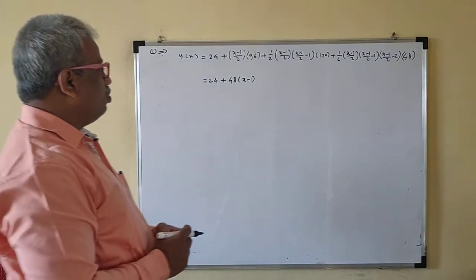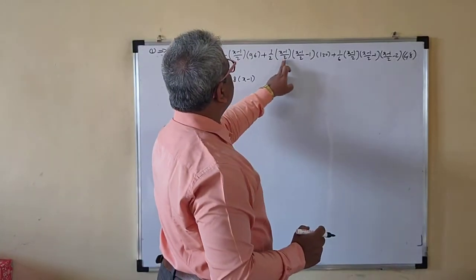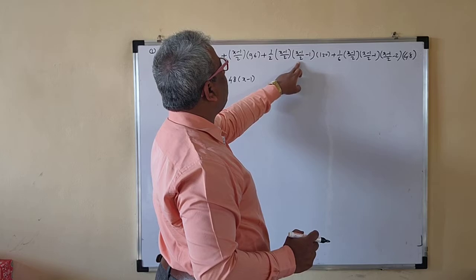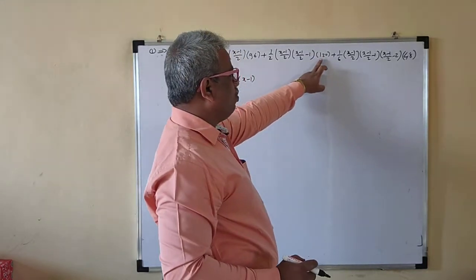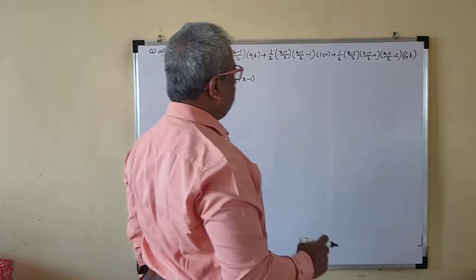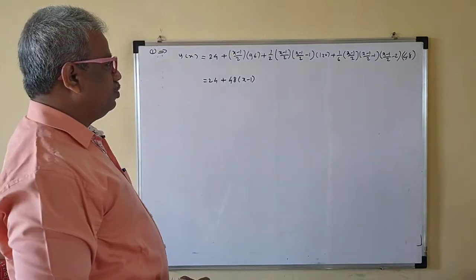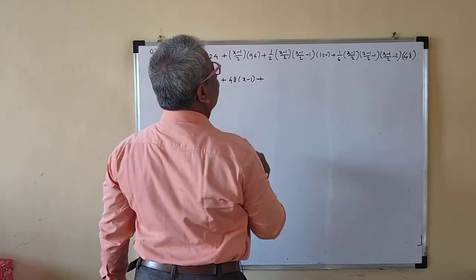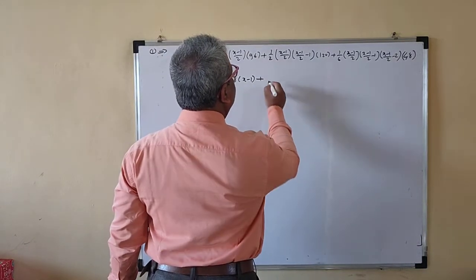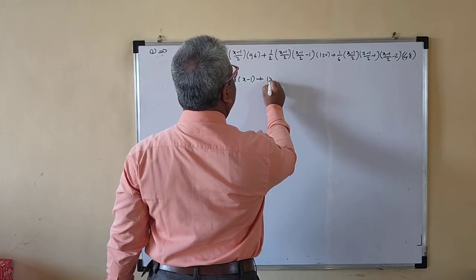Okay. So now see, 2 into 2 is 4, so this is 8. So we can divide 120 by 8, so what do we get? Plus 120 by 8, which is 15.